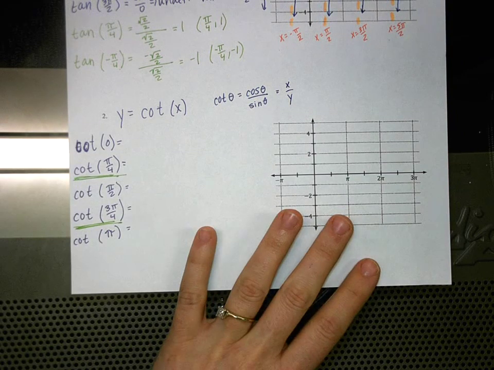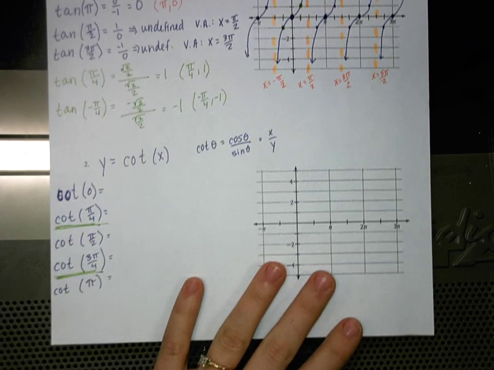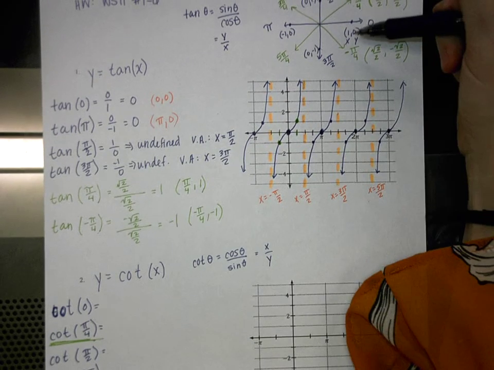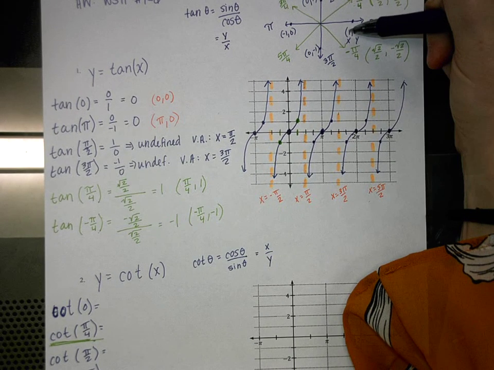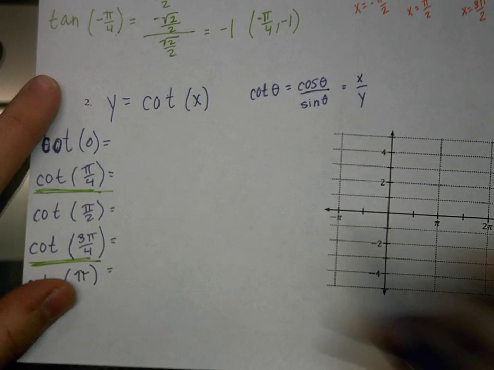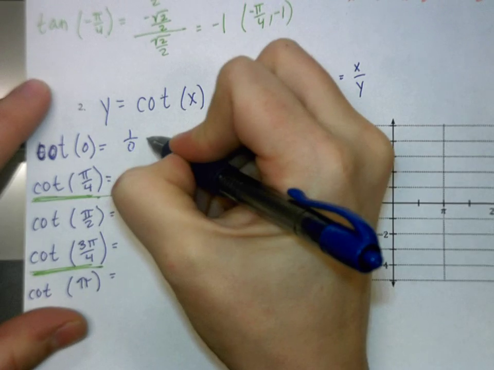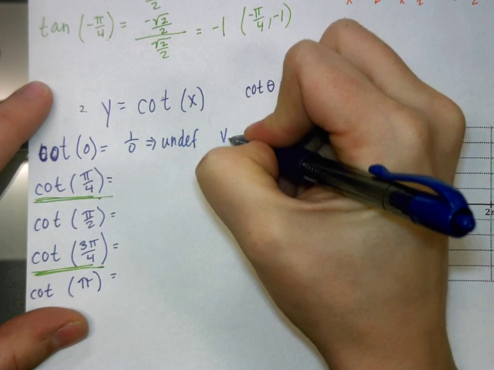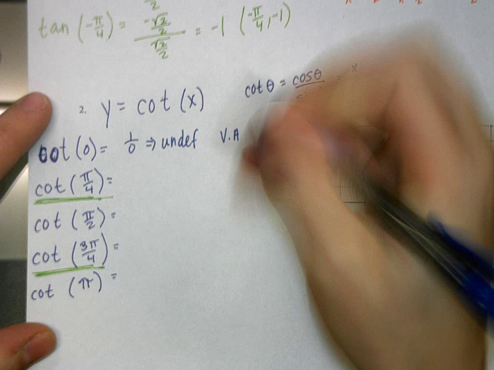So my x value of my unit circle at 0, if I do x over y, that gives me 1 over 0, which is, oh, why did I do that? 1 over 0, which is what? Undefined. So I have a vertical asymptote at x equals 0.